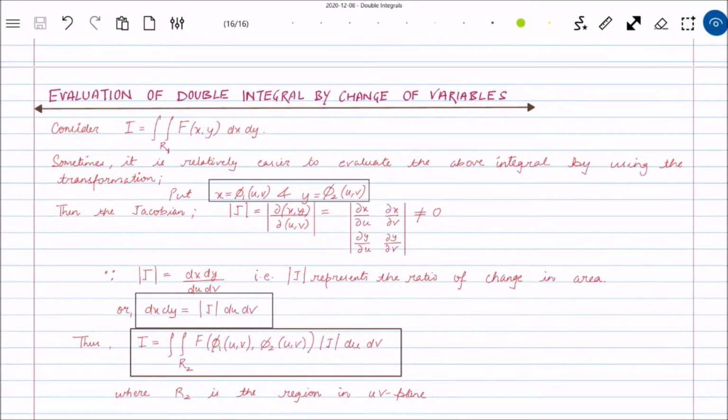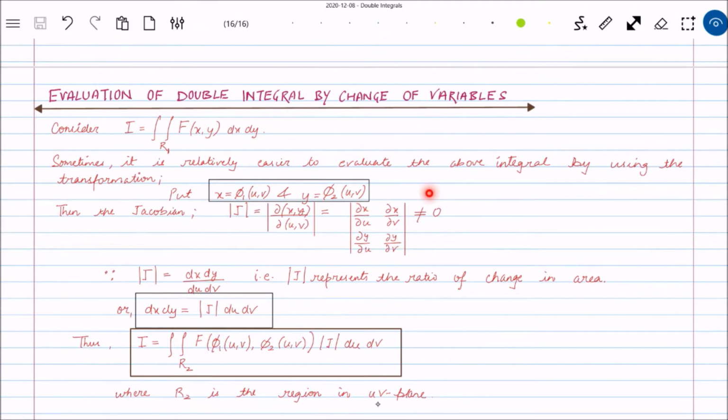Then this change of plane comes with some adjustment factor, and that adjustment factor is the Jacobian determinant. You all know how to evaluate the Jacobian determinant, but this time it will be the Jacobian of variables x, y, which were the original variables, with respect to the variables u, v, which are now the new hypothetical variables. And you all know how to evaluate this 2 × 2 determinant.